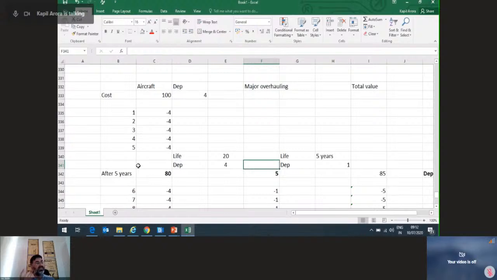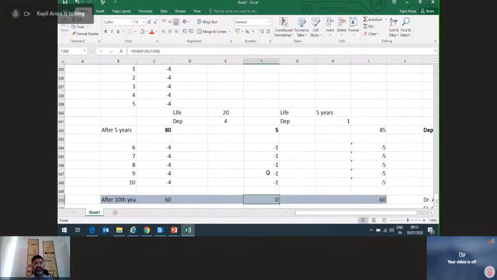But the life of major overhauling is not 20 years. It is just 5 years. So for major overhauling, I have to calculate the depreciation separately. For the asset, we have to calculate the depreciation separately. And by doing that, we come to the total depreciation.